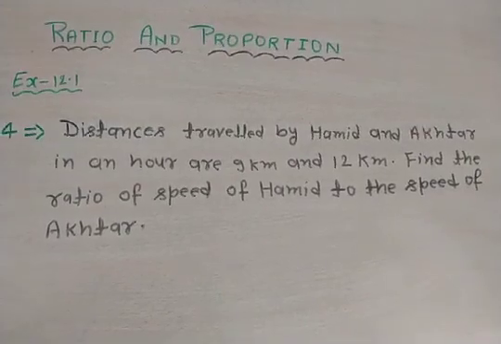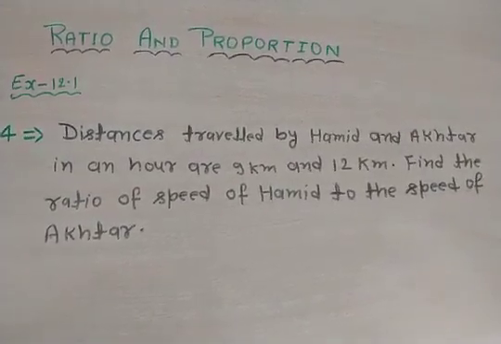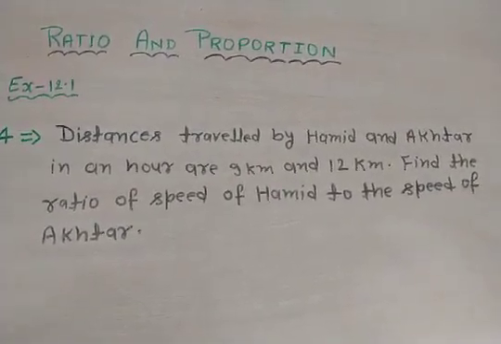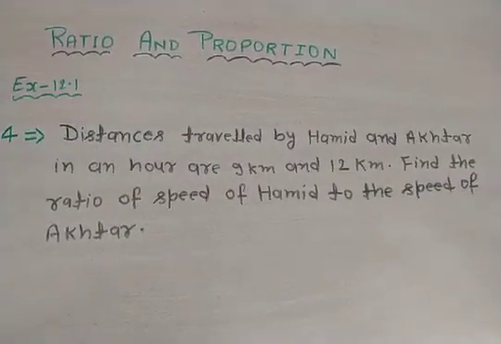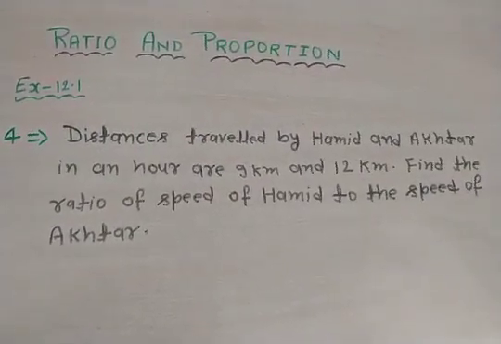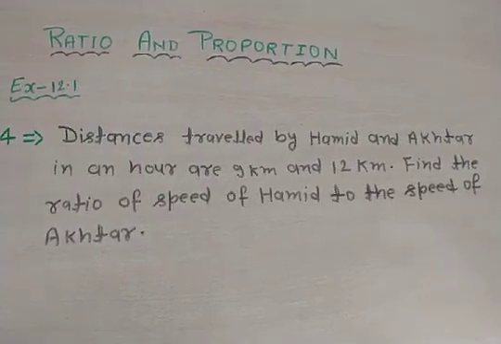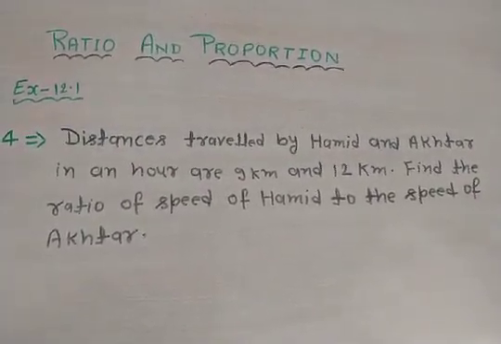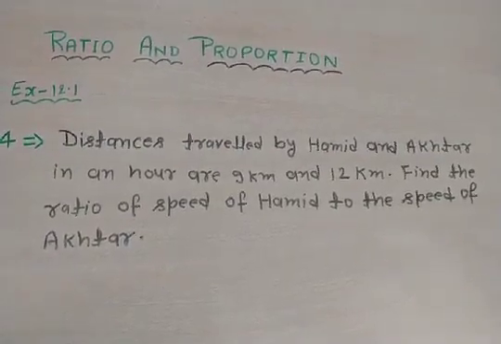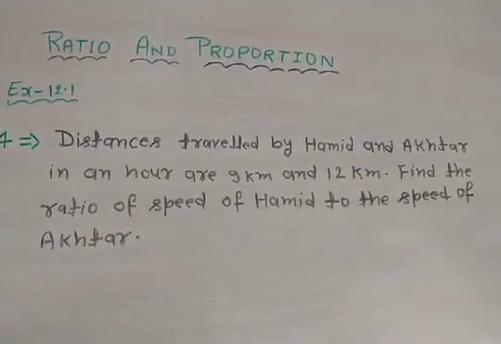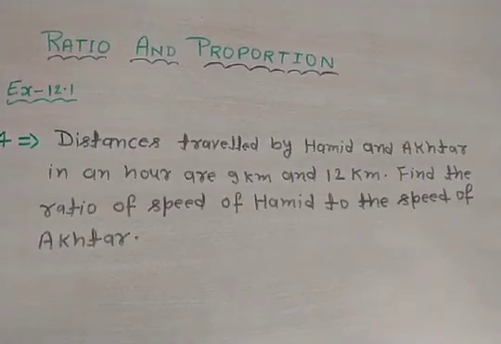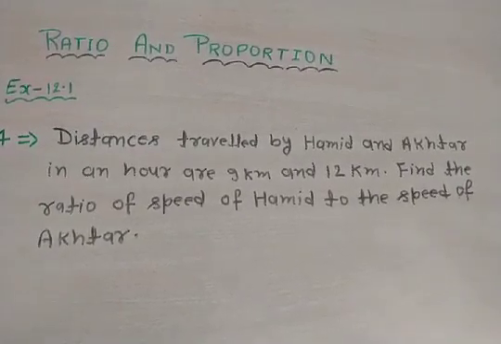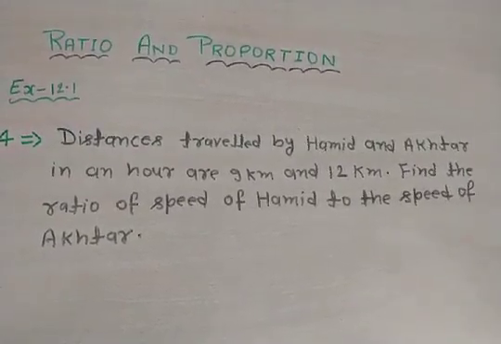Find the ratio of speed of Hamid to the speed of Akhtar. Here the given time is 1 hour taken by Hamid and Akhtar, and distance covered by Hamid is 9 km in 1 hour, and distance covered by Akhtar in 1 hour is 12 km.